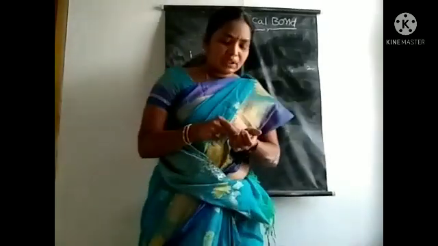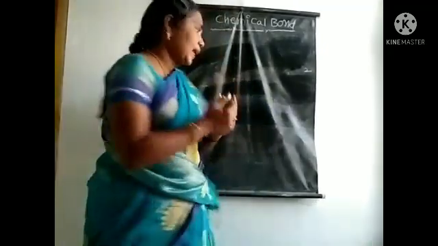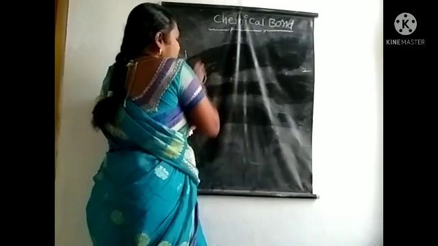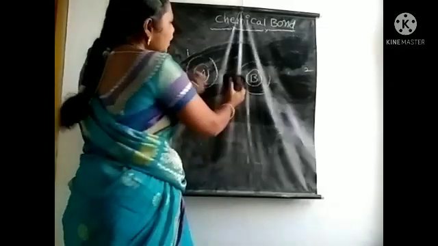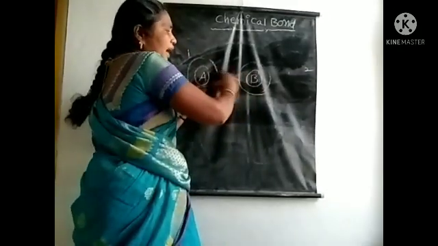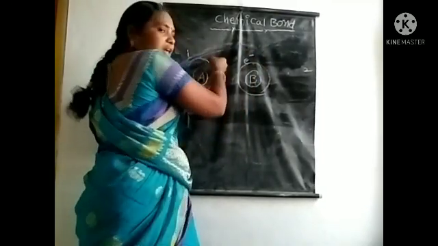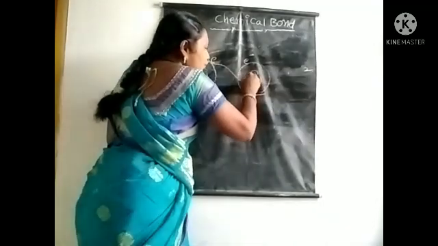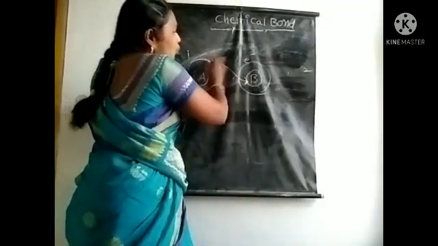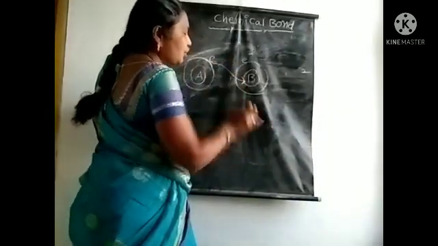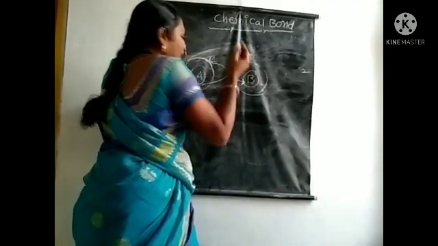Okay, assume this is an atom and this is another atom. Assume A atom and B atom, with some distance between A and B atoms. There is an attraction force between the electrons of A atom and the nucleus of B atom, and an attraction force between the electrons of B atom and the nucleus of A atom.